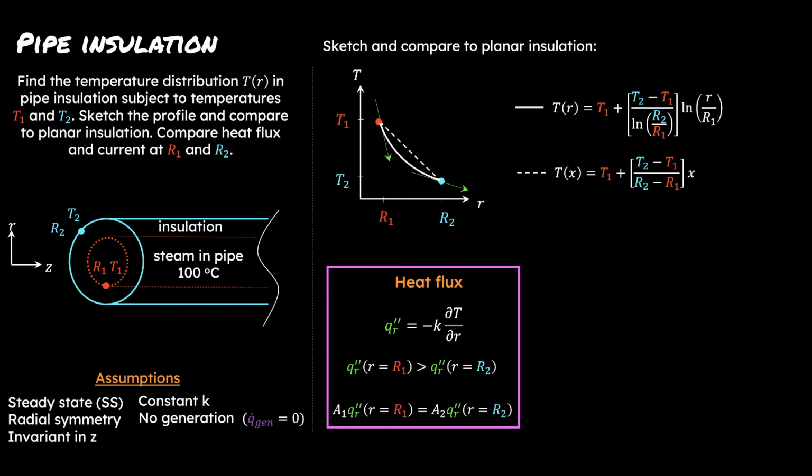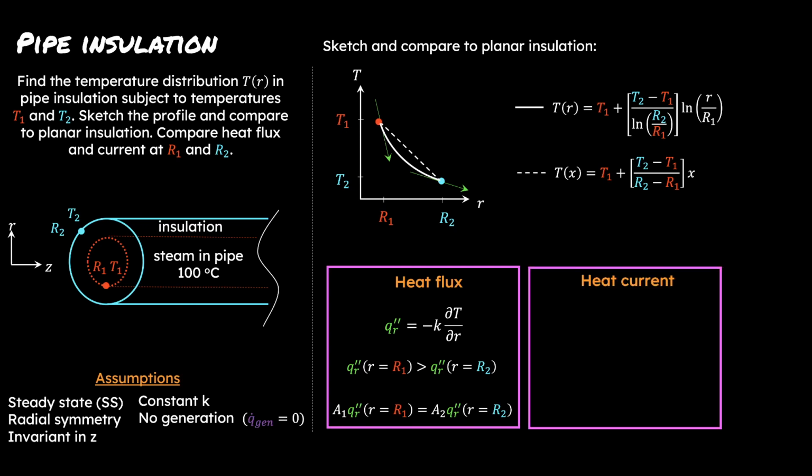We recognize, of course, as we've mentioned in words, that q″_r times the cross-sectional area is simply a heat current. And so we can write that out in mathematical form, that q_r at r₁ equals q_r at r₂. Again, that whatever heat current crosses the boundary at radius 1 must then cross the boundary at radius 2.